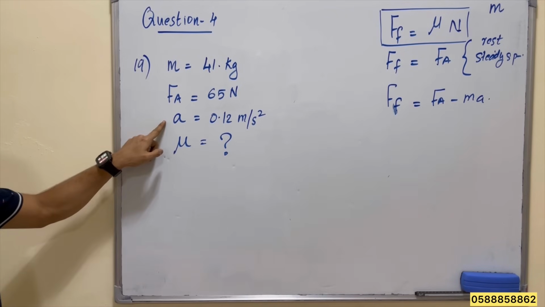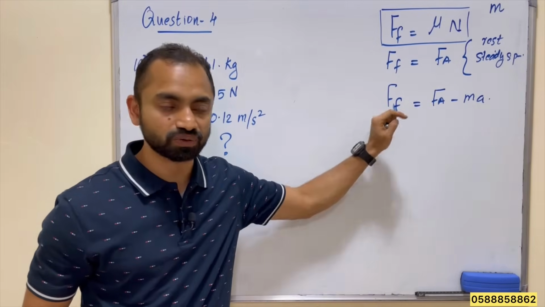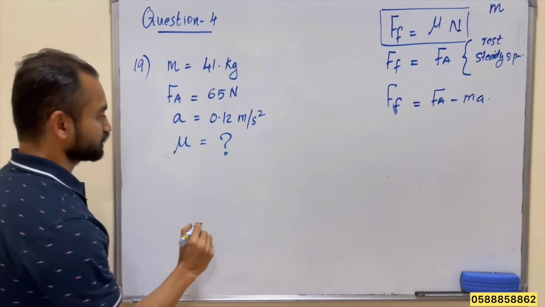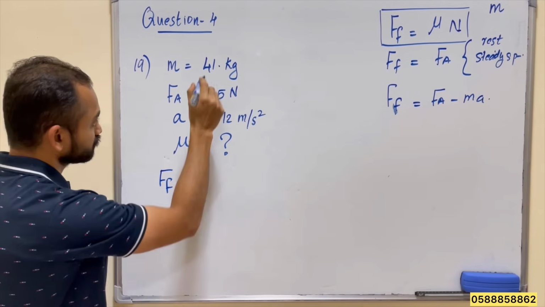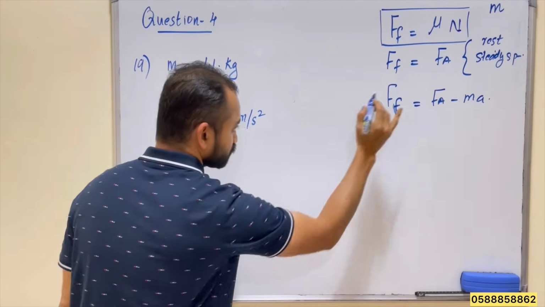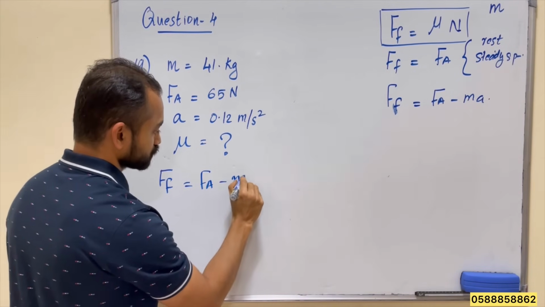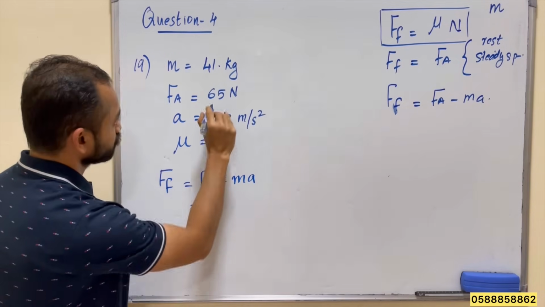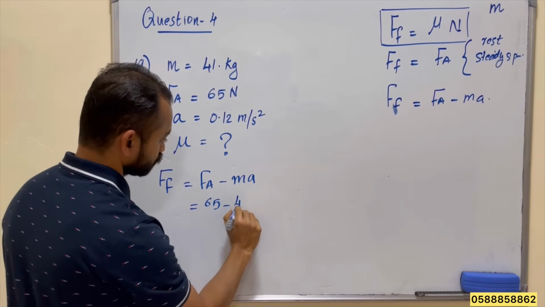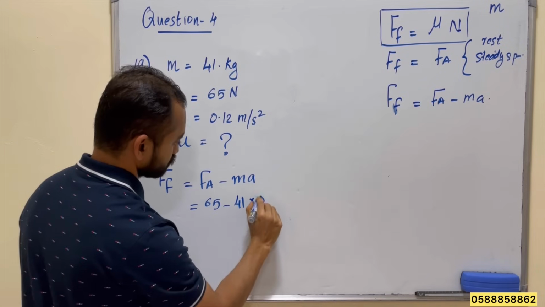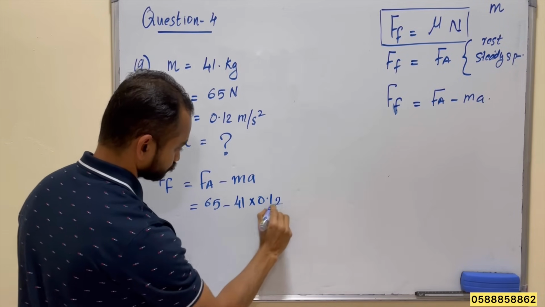Acceleration is given, right? In any question, if acceleration is given, this is the equation to calculate friction. So first we will calculate the frictional force. Frictional force is equal to applied force minus mass multiplied by acceleration. Applied force is 65 Newton minus mass 41 kilogram times acceleration 0.12.